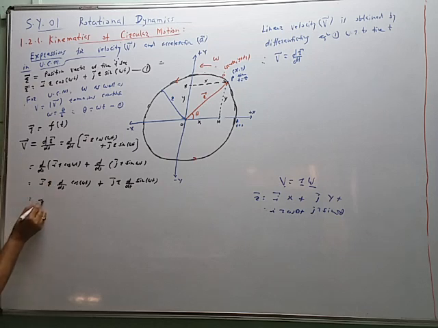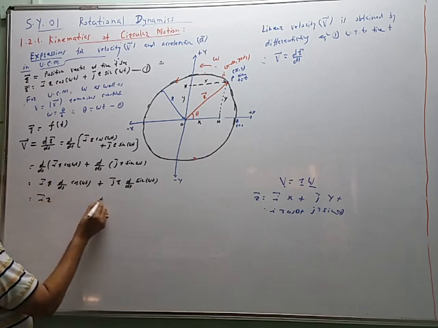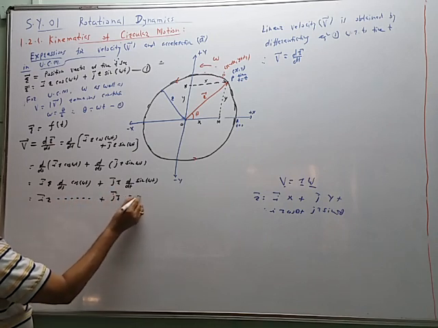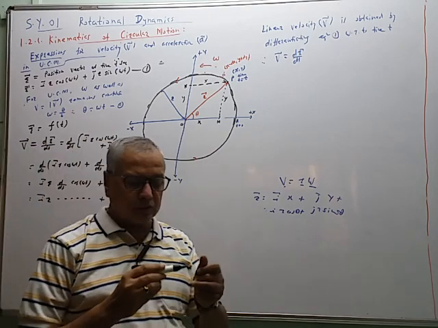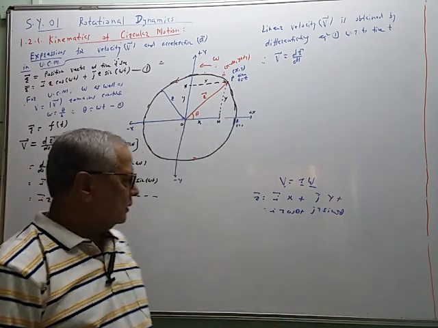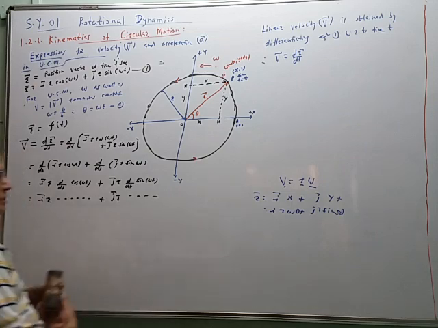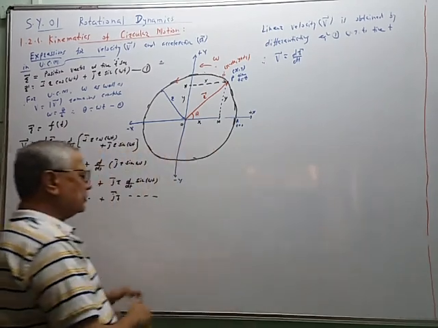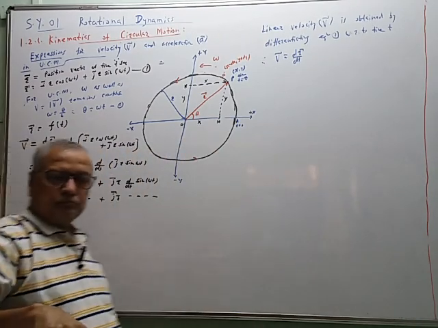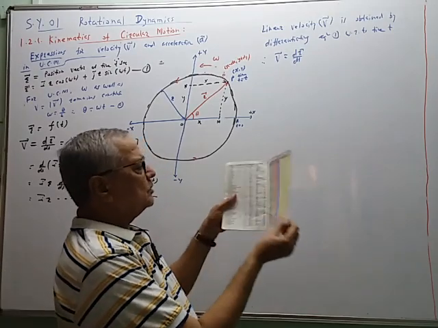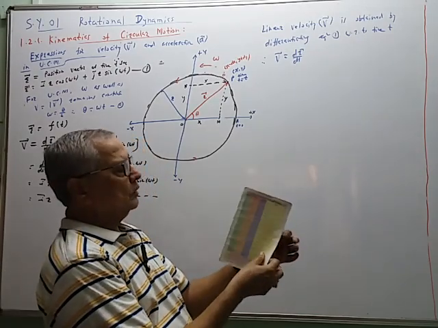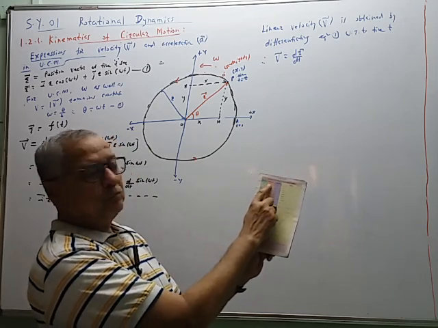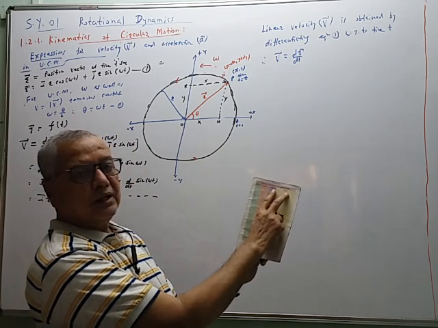I will calculate this derivative separately here. For derivatives we have to use some standard rules and formulas, which are also given on the last page of the log table. On this last page of the log table there are 4 columns. The first 2 columns are for derivatives and the last 2 columns are for integral calculus.